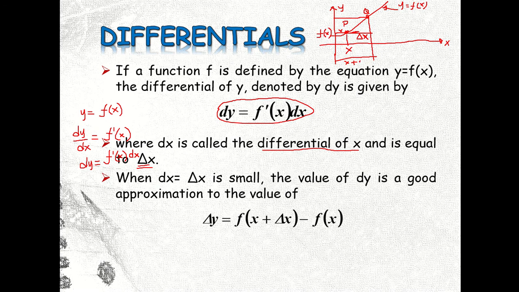That's why the coordinates of point Q are x plus delta x and f of x plus delta x. So we have here the height of the function at x plus delta x.